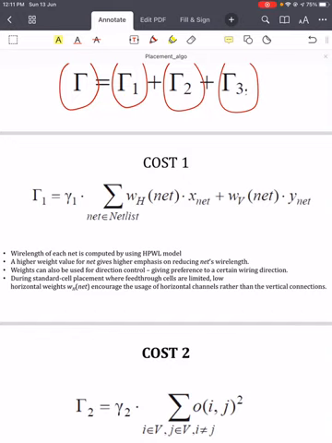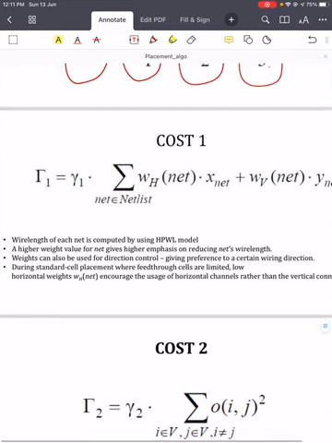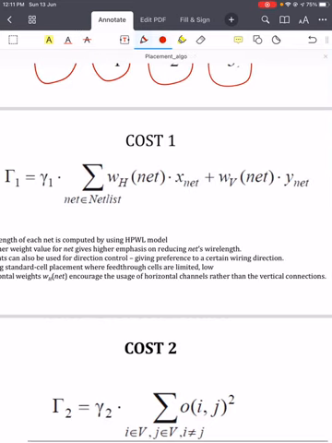So this gamma 1 is computed as the summation of each net's HPWL, or half perimeter wire length, which is its horizontal span plus its vertical span. When we compute the HPWL, we have to consider both the horizontal span and the vertical span, and in addition we apply a weight for each direction.